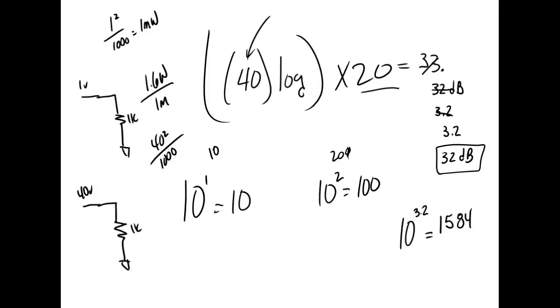Okay, so what we did over here is we came up with 32 dB. To figure out what power that would be, we divided by 10 instead of by 20, right? Because we're dealing with power. And we got 1600. Over here, we actually put that into a circuit where I had 1 volt at 1K and 40 volts at 1K, because that would be my gain on the output. And it came up to be 1600. Isn't that neat?